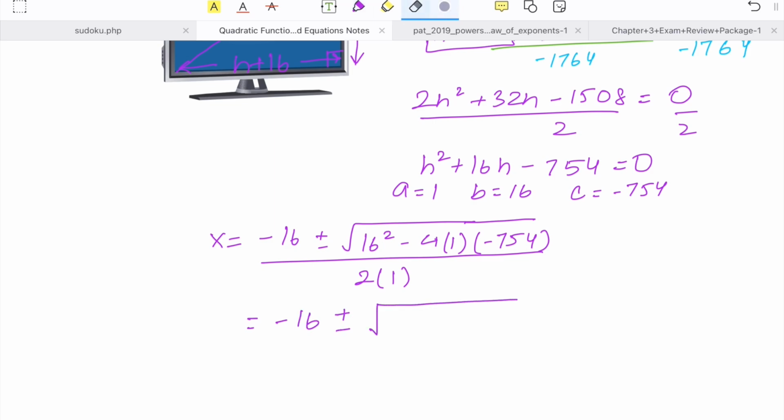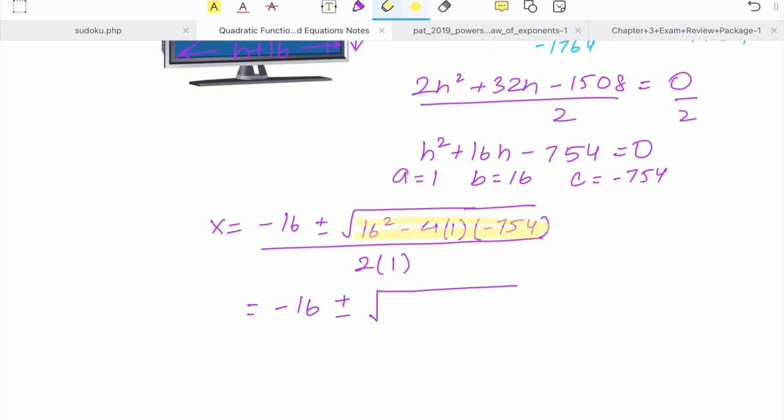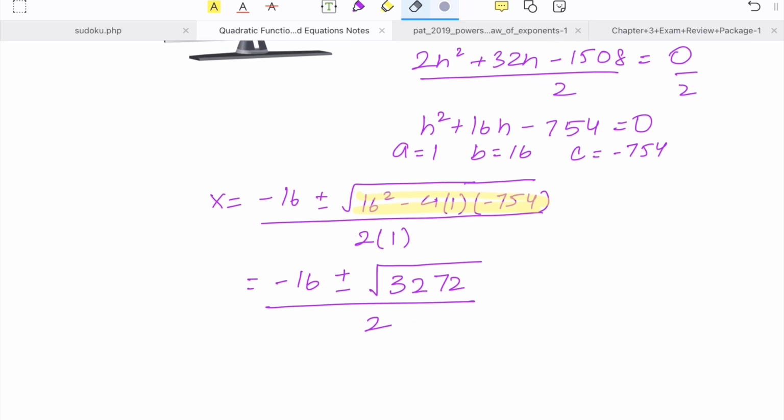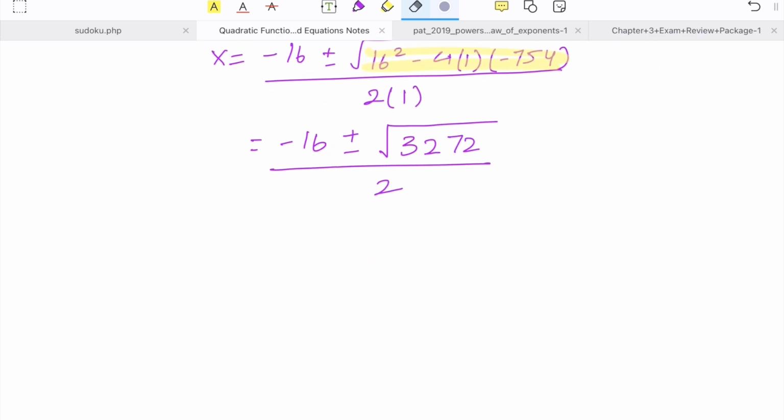Put all this in the calculator, and you should get 3,272 over 2. Now, you need to convert it into, like, it doesn't really say if they want mixed radical, exact value, or decimal. So it'll be easier for us to just put this in the calculator and find out the value in the decimal form.